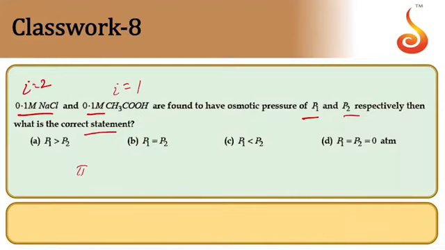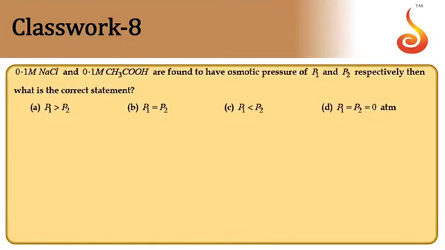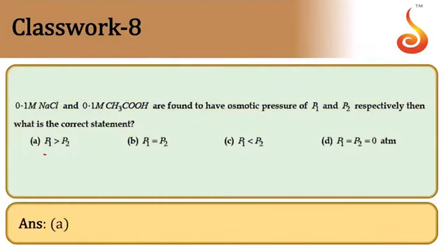So osmotic pressure pi is equal to i into C into RT. Both have the same concentrations here, but the i value differs. i is 2 for NaCl, so the NaCl solution has higher osmotic pressure. So P1 should be more than P2. So option A is correct.